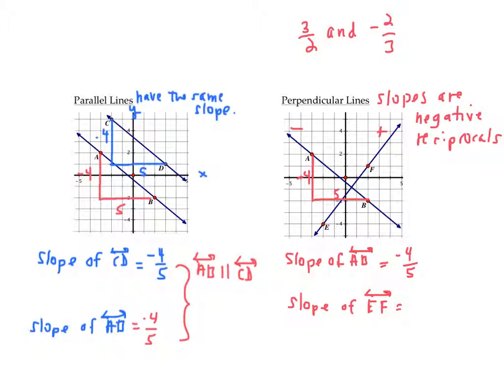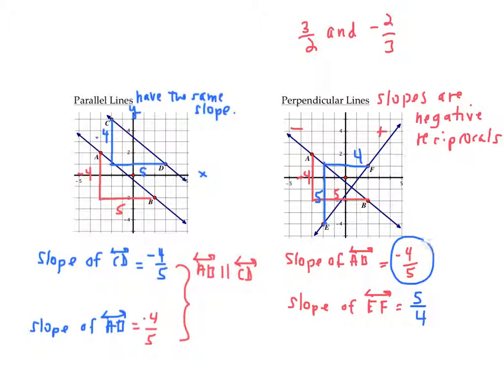Again, start with a point that's further to the left. This time we're going to rise 1, 2, 3, 4, 5. And then go to the right 1, 2, 3, 4. So the change in y was positive 5. The change in x is positive 4.